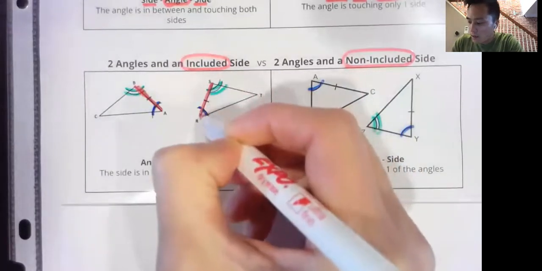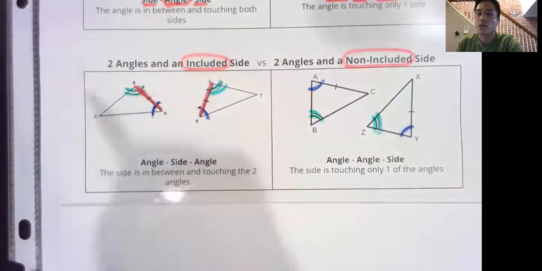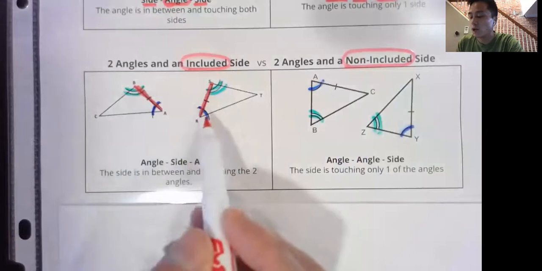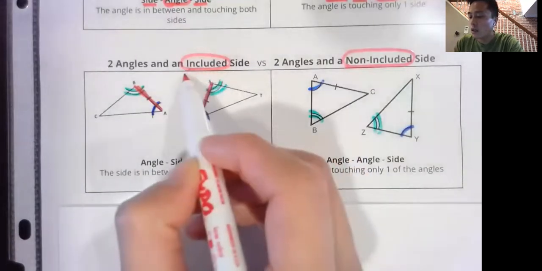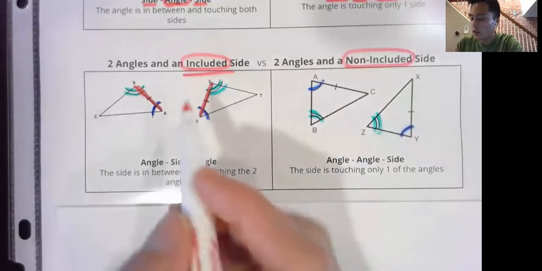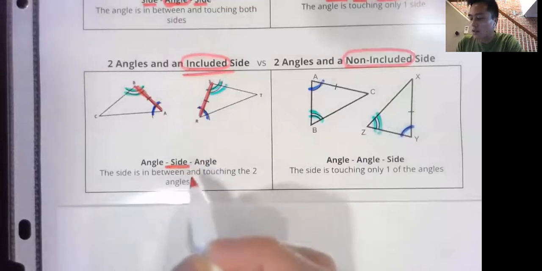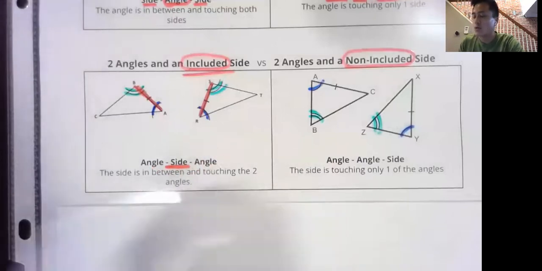And the side that's congruent is touching both of our congruent angles. It's in between the two congruent angles. That's why we call it an included side. And when we list out the shorthand, that's why we say angle, side, angle. The side is in between the two angles when we list it out like this.